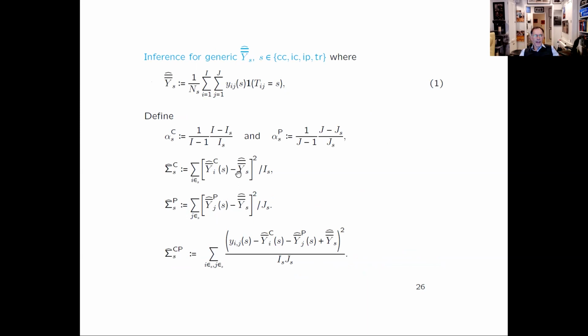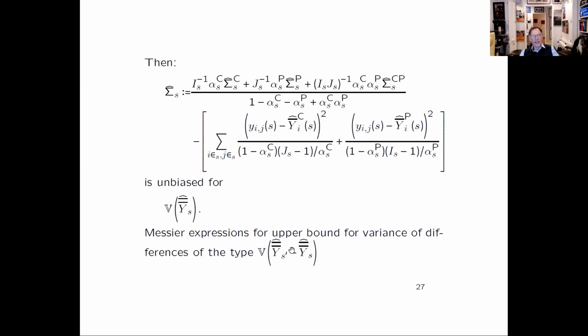Then to get at the variance, we're going to look within the row and within the column at the variance of the outcomes, and we get the following expression for the estimated variance of the average outcome in each of these 4 groups.